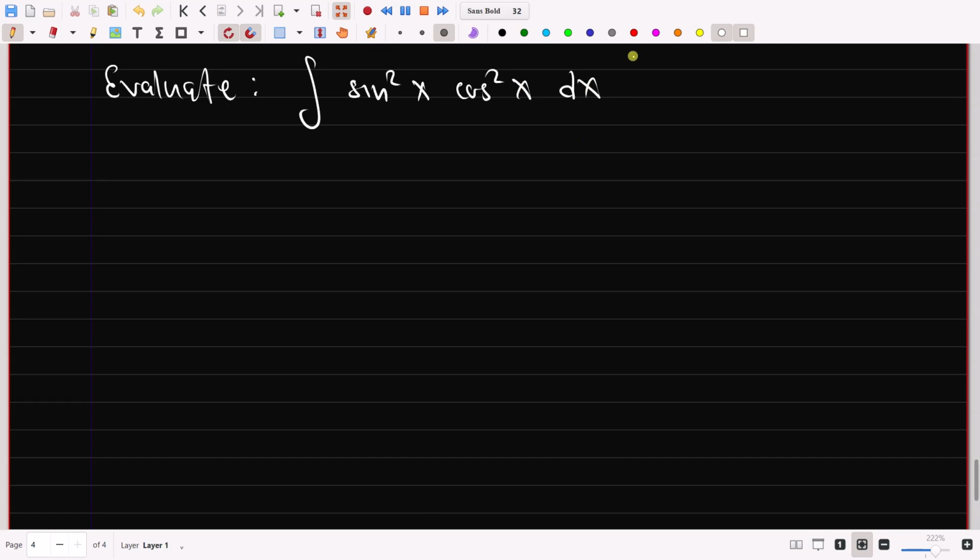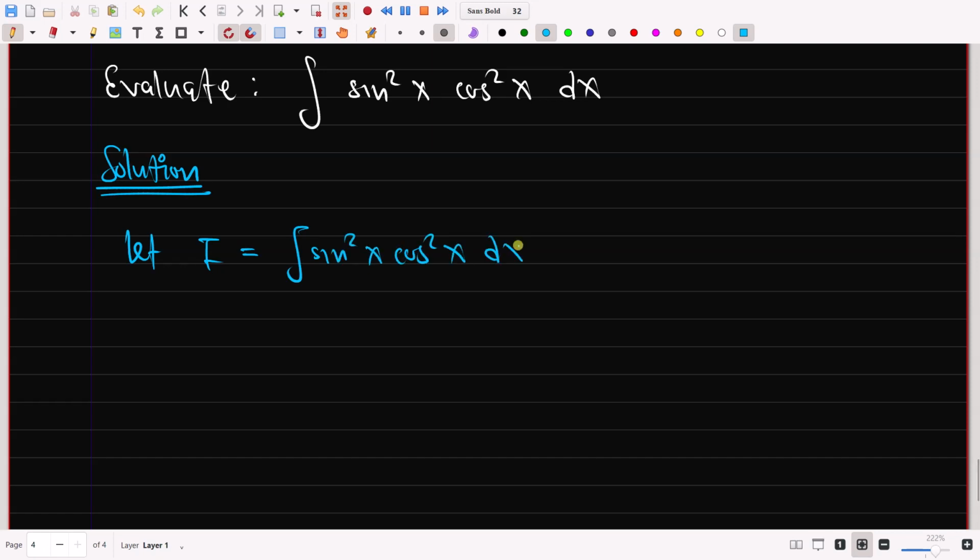So it involves those powers. So what we're going to do now is, since both the powers of 2, we're going to replace with half angle. So for sine, it's going to be half 1 minus cos 2x. Then cos squared is going to be half 1 plus cos 2x, then dx.